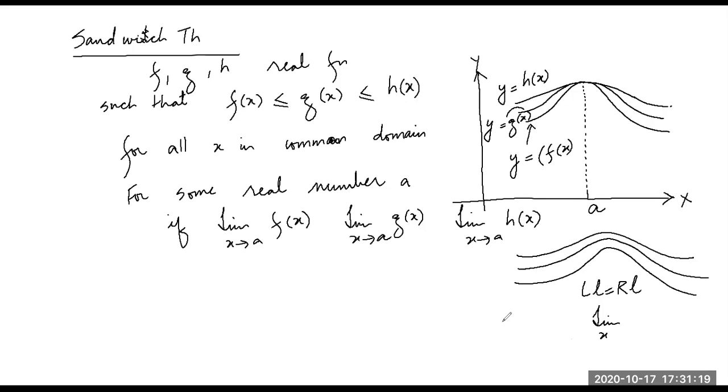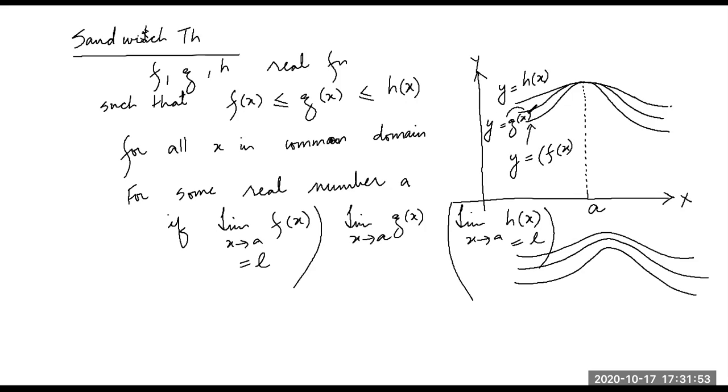Now, if this limit exists, and imagine, students, that the limit of f as x approaches a is equal to L, and the limit of the uppermost function is also equal to L. Now we can derive a judgment from this sandwich theorem.